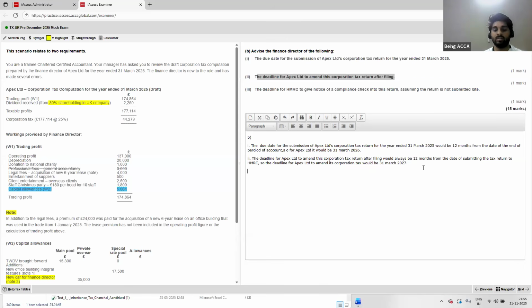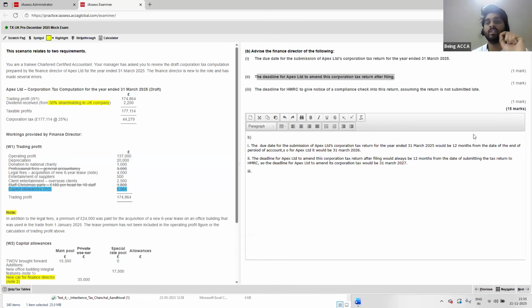Now, moving on to the third part of it, a compliance check is nothing but HMRC trying to verify or identify if you have actually filed the correct returns or not. So HMRC would investigate that. Assuming the return is not submitted late, the investigation would always be done within 12 months from the delivery date of filing. Always remember that.